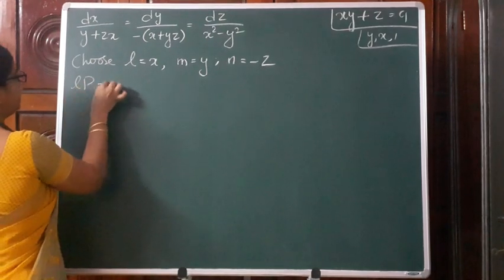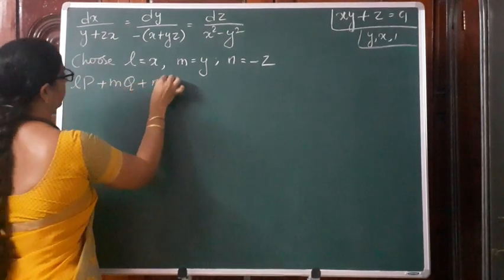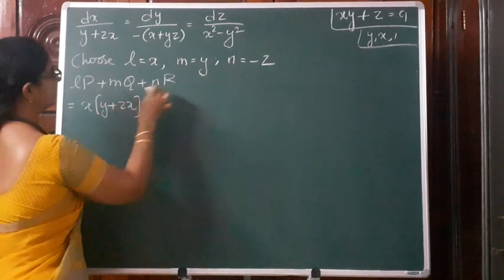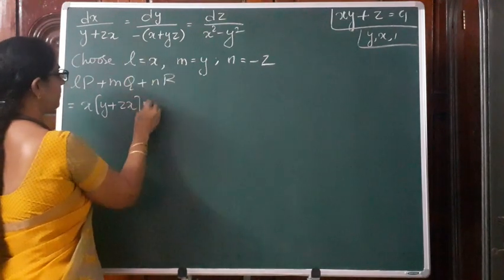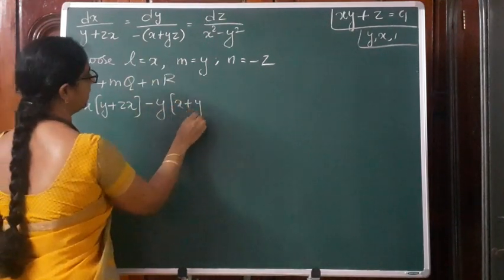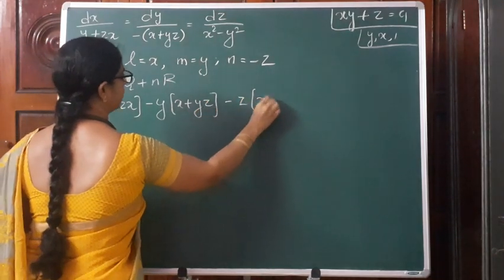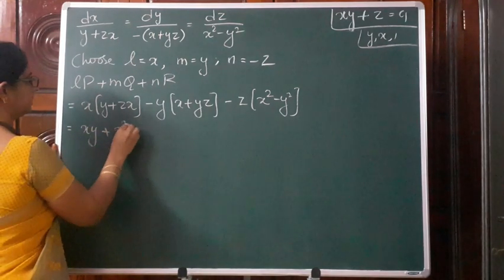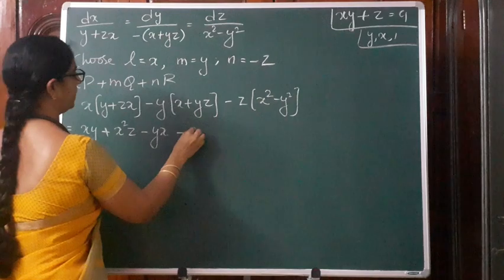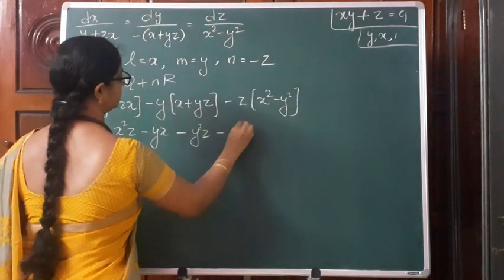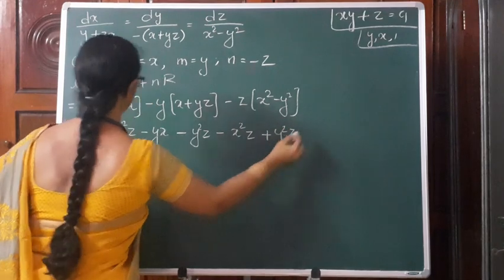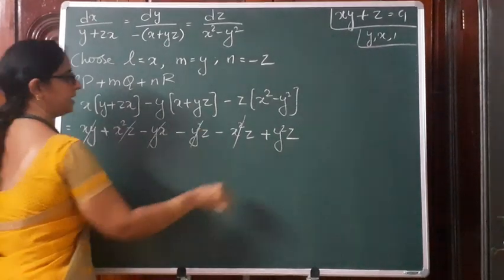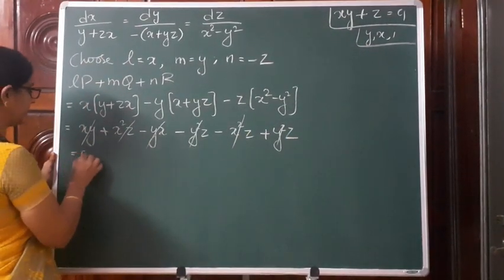Now consider LP plus MQ plus NR, that is equal to x into y plus zx, plus M is y and Q is minus of y into x plus yz, N is minus z into x squared minus y squared, which is equal to xy plus x squared z minus xy minus y squared z minus x squared z plus y squared z, and so on. Everything cancels and we get 0.